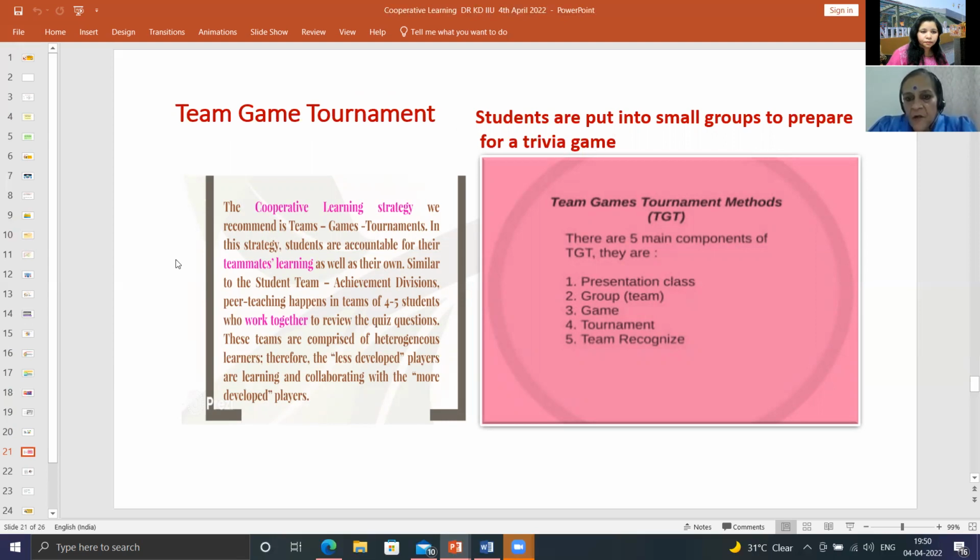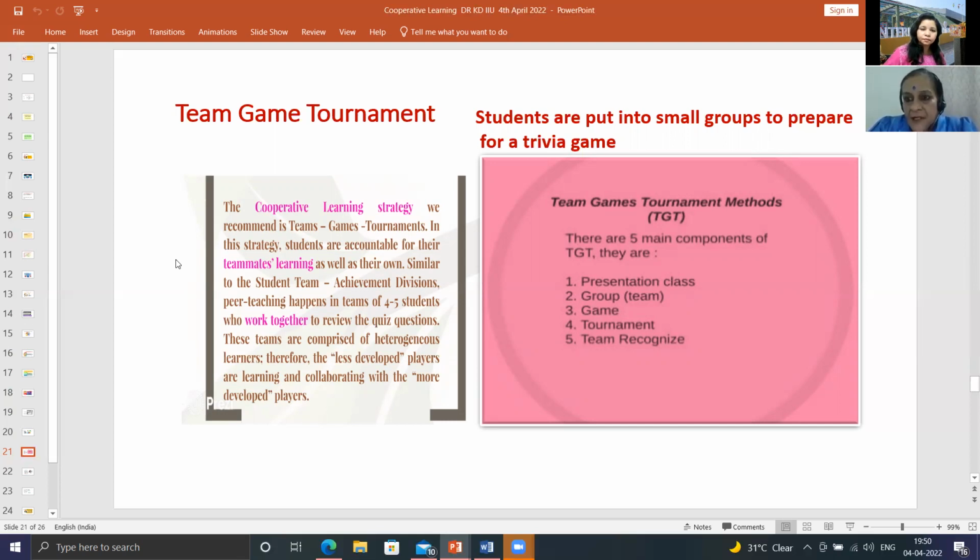They are presentation, task, then group or team, then game, then tournament, and then team recognition. So in the cooperative learning technique of TGT, we can present something, then we divide the students into groups, then perform some activity or game.